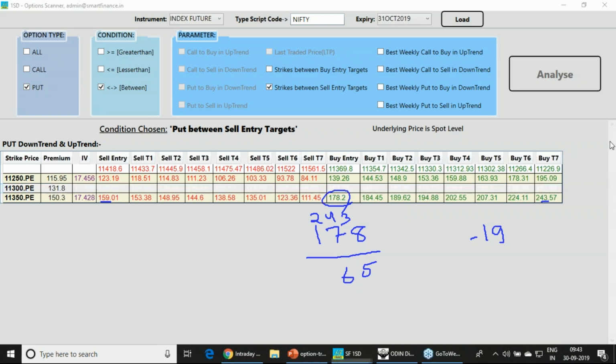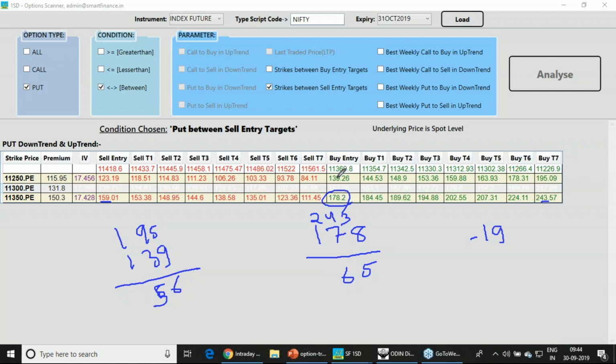Similarly, if I go for the 250 strike, it is 139 if you are buying, and it can come to the 195 range. So 139 to 195, which is 56 rupees it can gain.